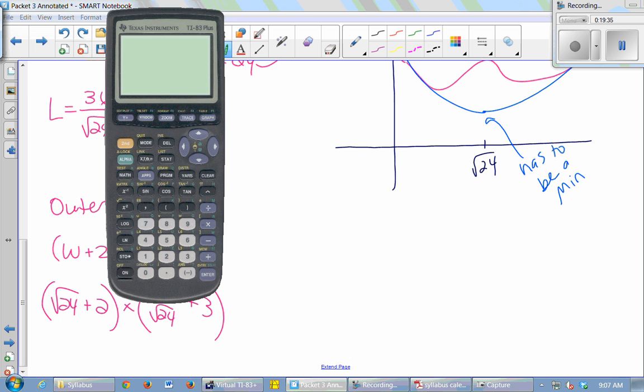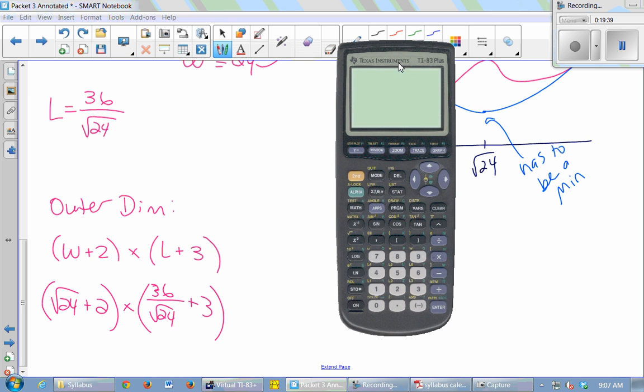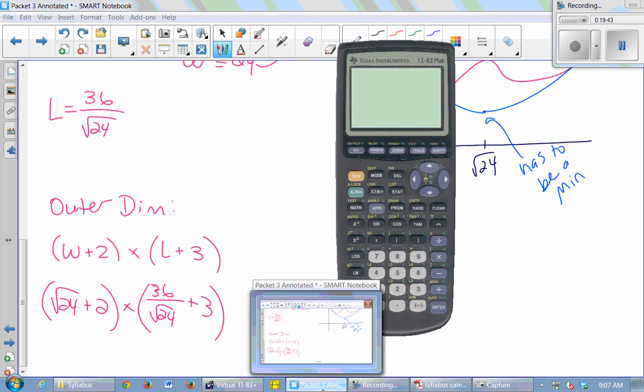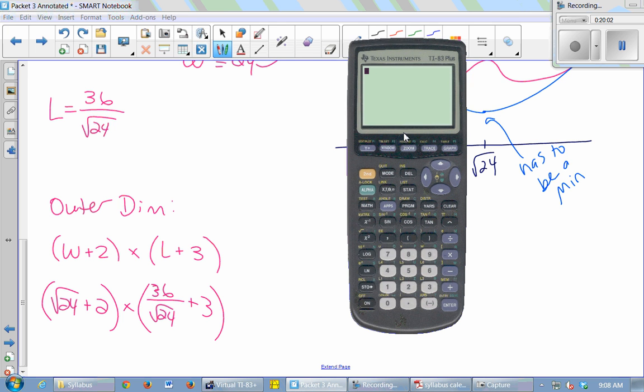And if someone who owns a publishing company came to you as a professional mathematician and asked you, how am I going to minimize the area of this page and still have 36 square inches of text, and you told them this, they might be kind of annoyed at you, right? Like, could you just tell me a real number? Well, these are real numbers, right? No. We'll give them a decimal approximation.